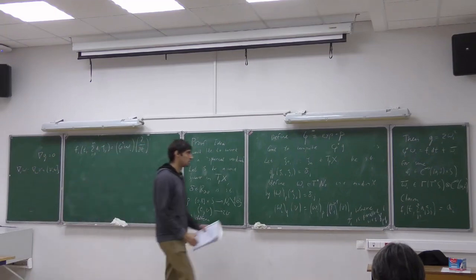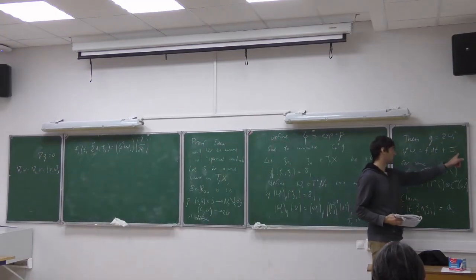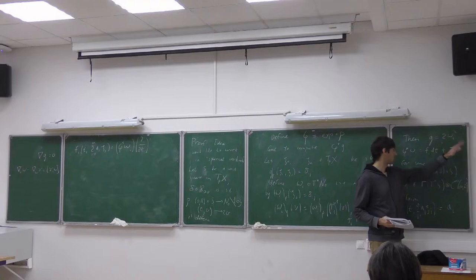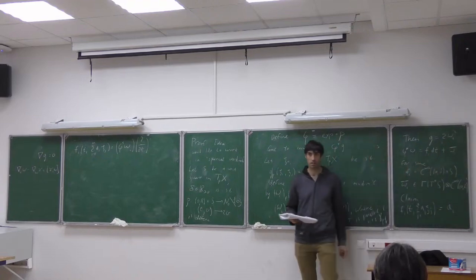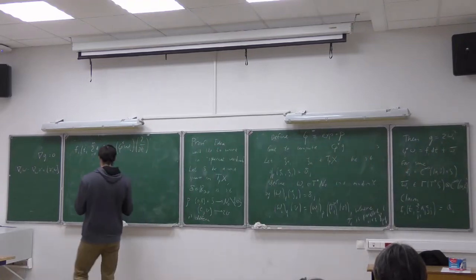Then, well, here I don't have any dependence on dt. So this is gone, and what I have is just phi i.